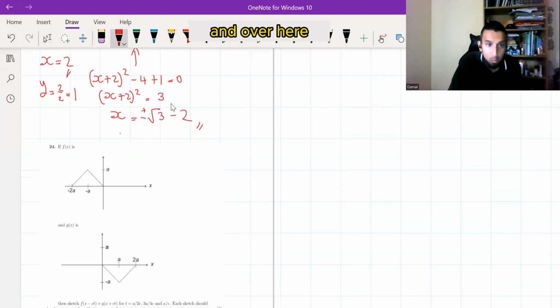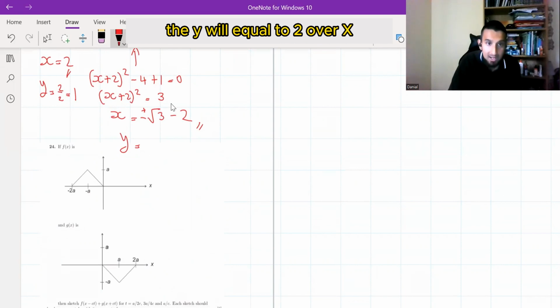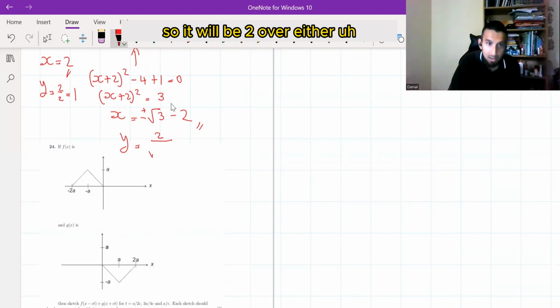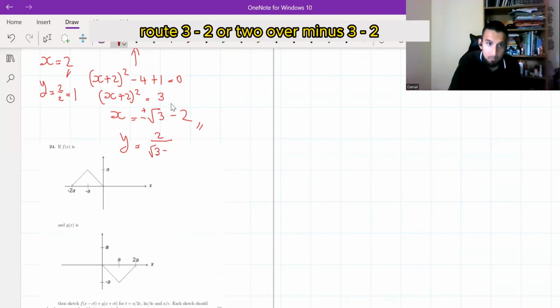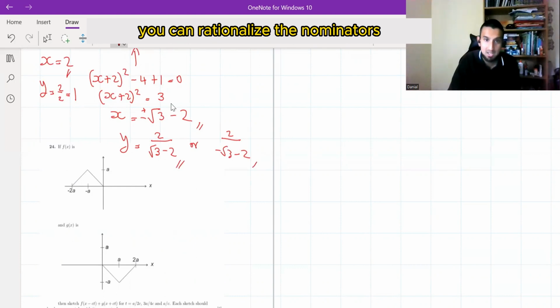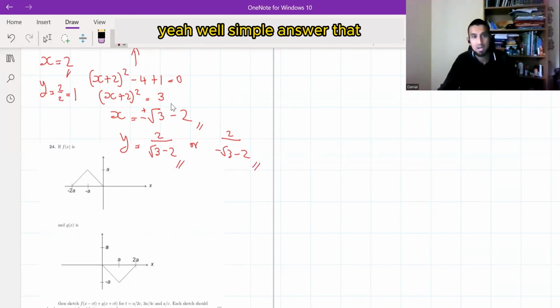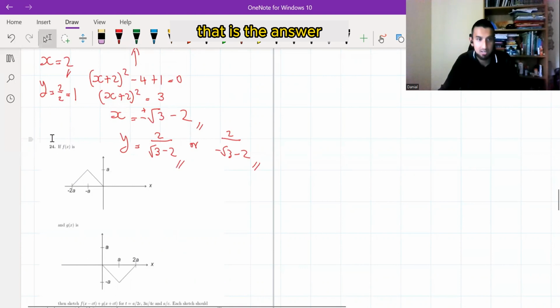And over here, the y will equal 2 over x. So it will be 2 over either root 3 minus 2, or 2 over minus root 3 minus 2. You could rationalize the denominators, type that in a calculator, and get a simpler answer, but that is the answer.